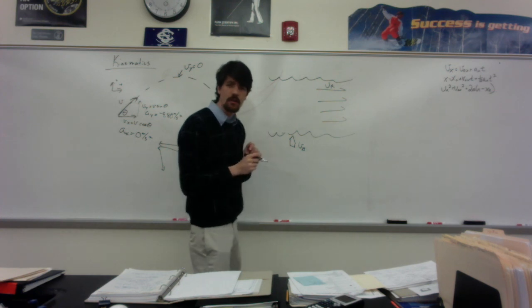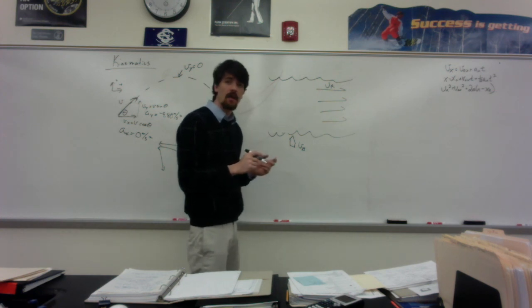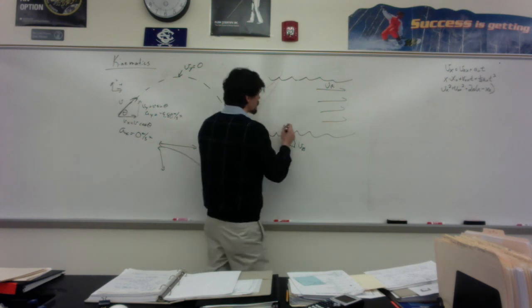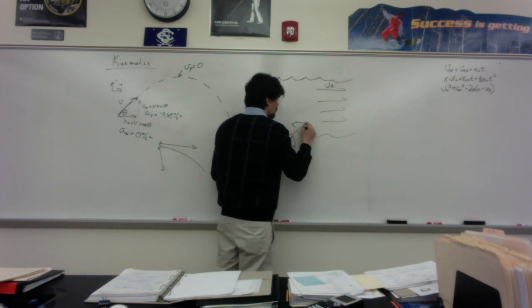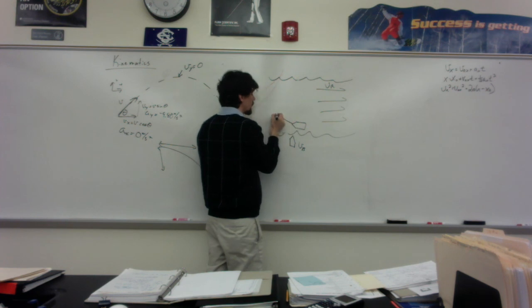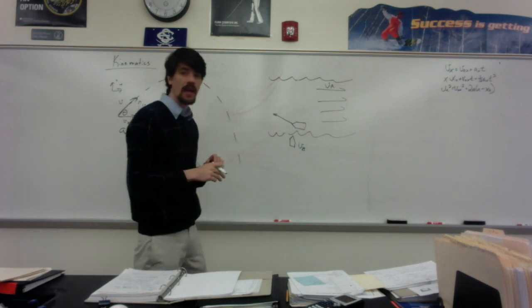Now, if we don't just go straight across, things get a little bit more interesting. So what I'm saying is, if I have the boat like this, it's not aimed straight across or down, it's now aimed like that.